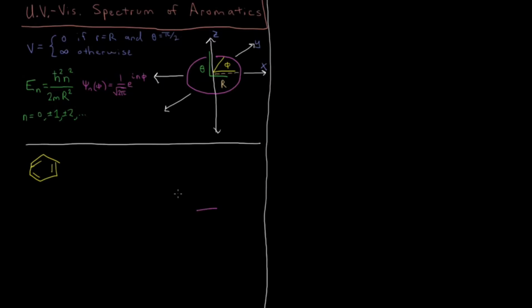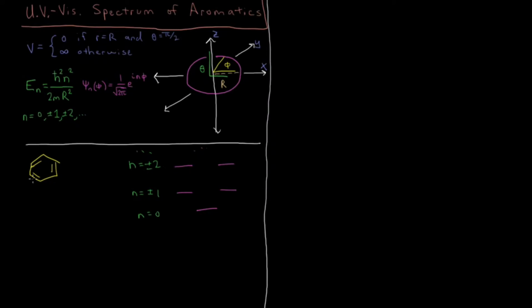So if we draw our energy diagram here, we have n equals 0, n equals plus or minus 1, which are degenerate, n equals plus or minus 2, etc. above that.